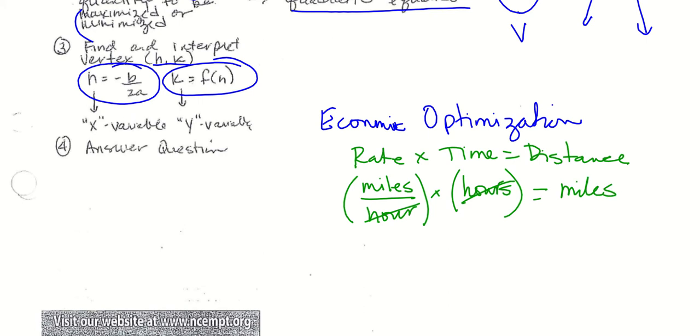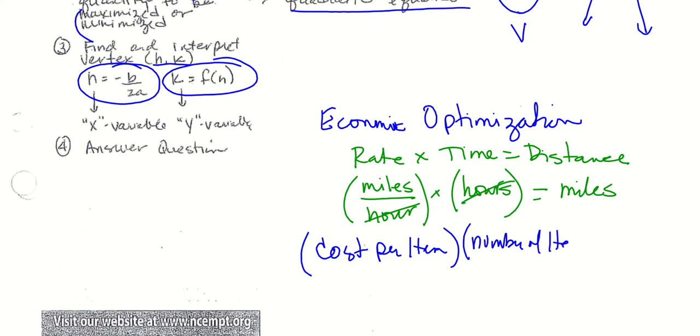The relationship we're going to use here is the one that says our cost per item times the number of items will give you the total cost for all items.